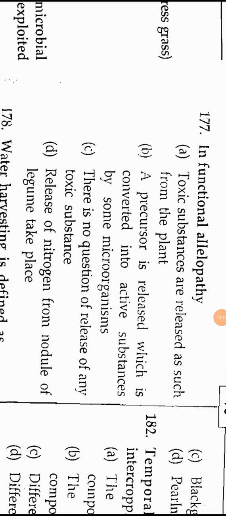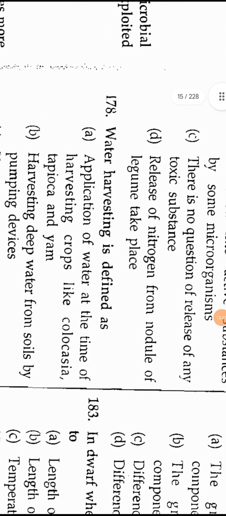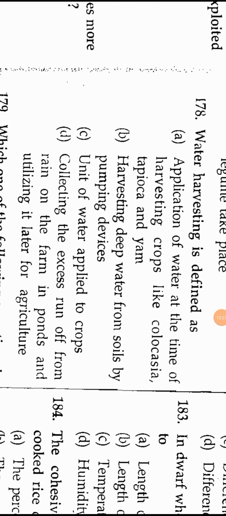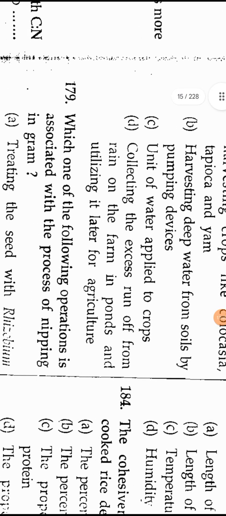A precursor is released which is converted into the active substance by some microorganisms. Water harvesting is defined as collecting the excess runoff from rain on a farm in ponds and utilizing it later for agriculture.